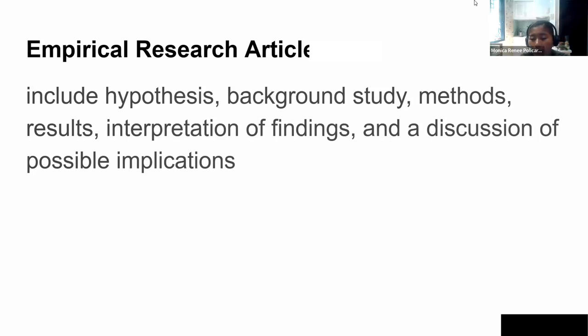And how can it extend, or where is it coming from when it comes to what prediction of the theory is it placed, okay? So as a researcher, you need to be aware where in the taxonomy of the literature your work is located. So of course, it has the methods, the results, the interpretation of the findings, and the discussion of possible implications of the findings. For instance, the findings suggest that it agrees with the theory.